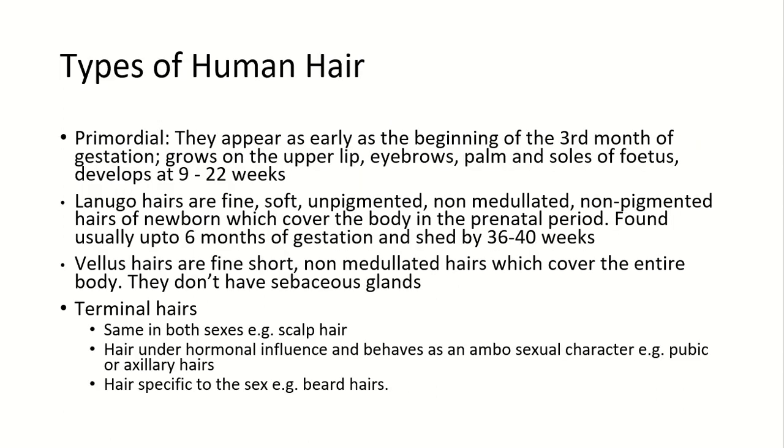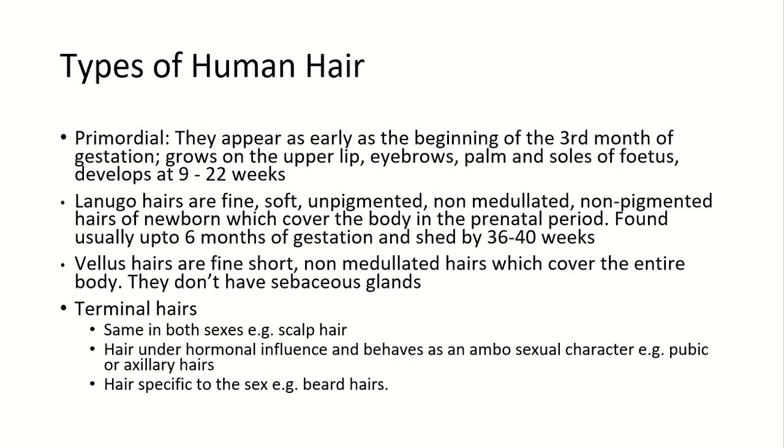The various types of human hair. Primordial hair are of the fetus. They begin by the third month of gestation, grow on the upper lip, eyebrows, palm and soles of the fetus, and develop at 9 to 22 weeks.